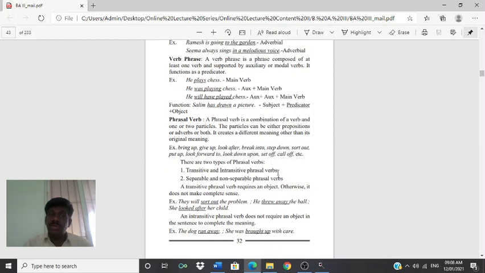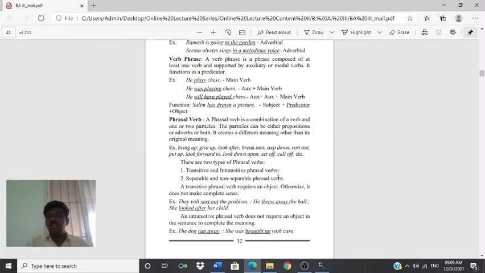Then we learned about phrasal verbs. Phrasal verbs are a combination of a verb and one or two particles, generally verb plus preposition or adverb or both. We discussed that phrasal verbs are of two categories. One is transitive and intransitive phrasal verbs, and the second is separable and non-separable phrasal verbs.